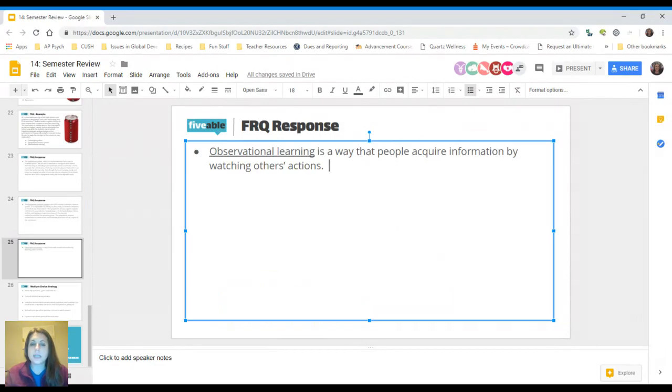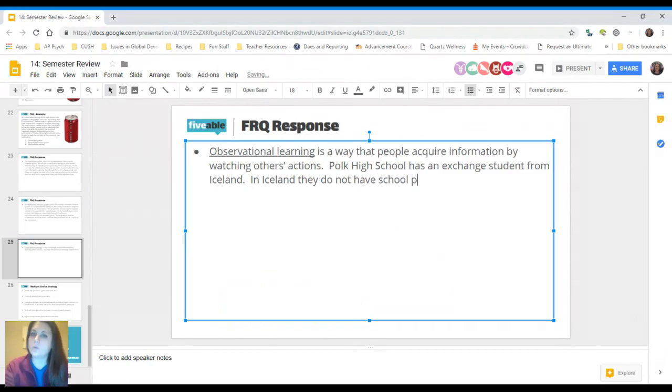Now I have to relate it to the pep assembly. I might say something like, maybe there's a foreign exchange student. Polk High School has an exchange student from Iceland. In Iceland, they do not have school pep assemblies.